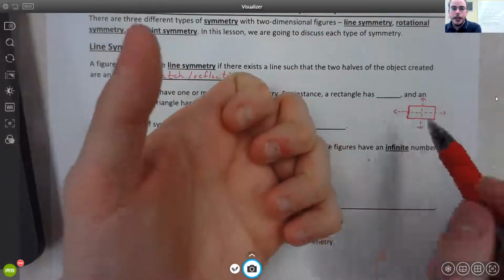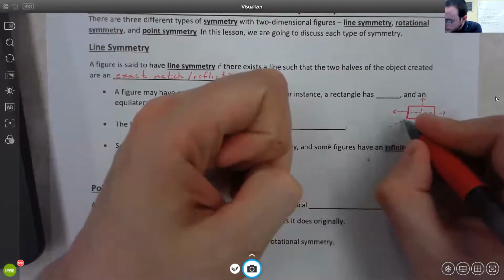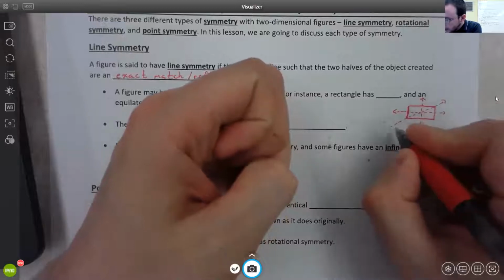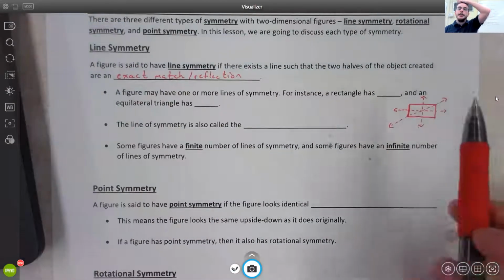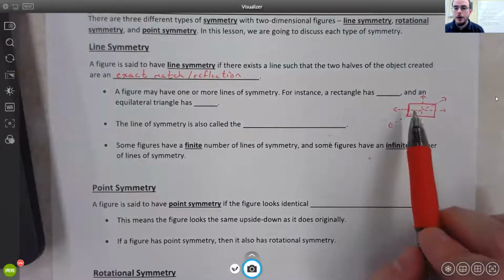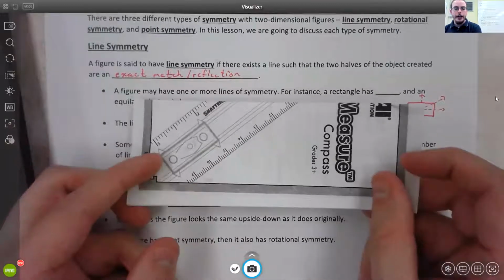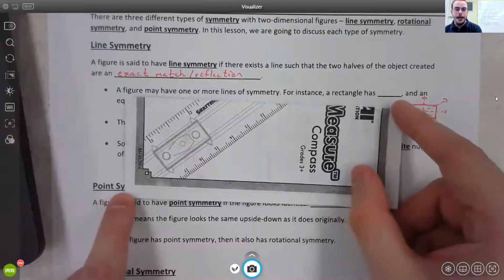So now we're going to look at the diagonals. So let's take the diagonal for instance. Now you may say, hey, that has the exact same amount on the left and the right. So obviously that's a line of symmetry. But say we take a piece of paper in a rectangle, and all I have is this little thing out of the bag. And I try to fold this on the diagonal, okay?